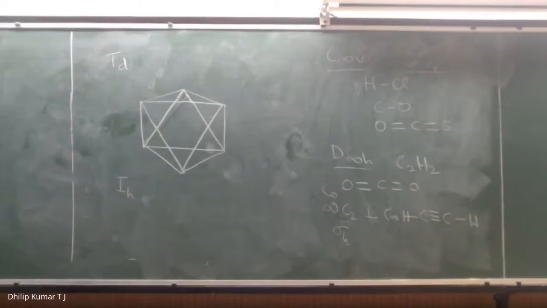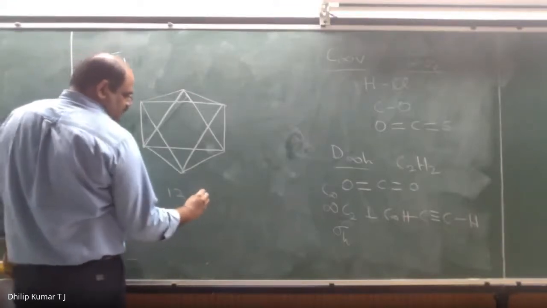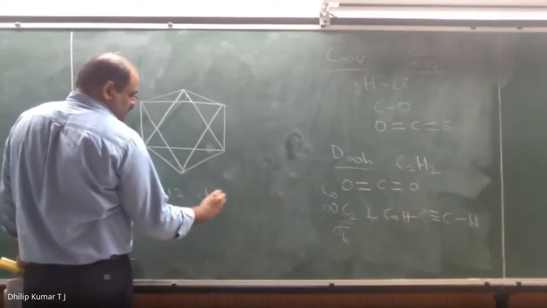All the connected points will have atoms. Consider this icosahedral, the minimum is say 12 atoms, 12 vertices you can say. So 12 atoms it needs.